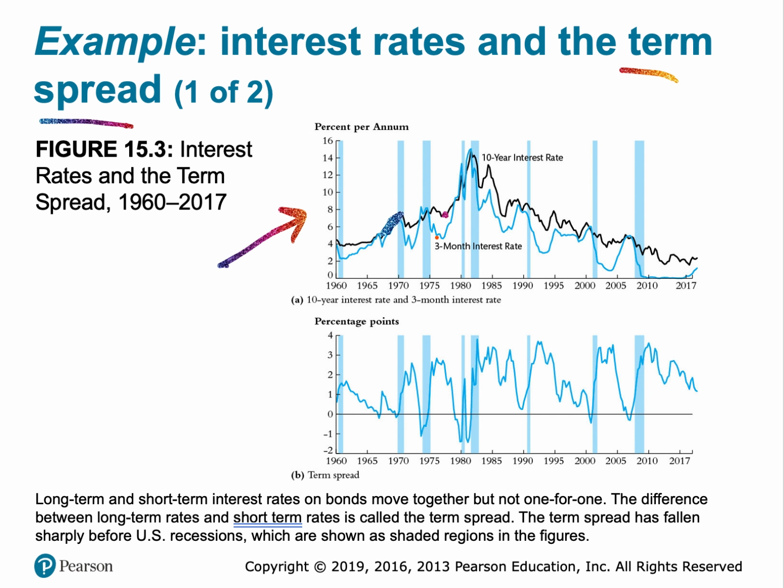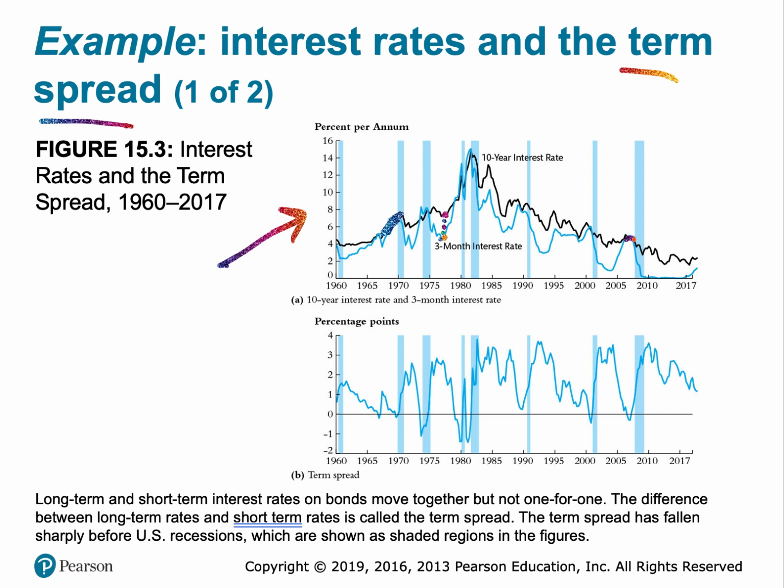But when the economy is healthier, when there's less expectation of a recession, then there is a larger spread between long-term and short-term interest rates. Again, you can look at 2008, 2009.